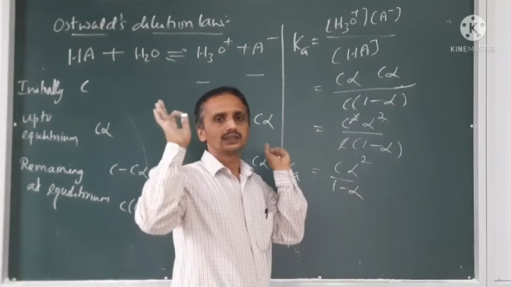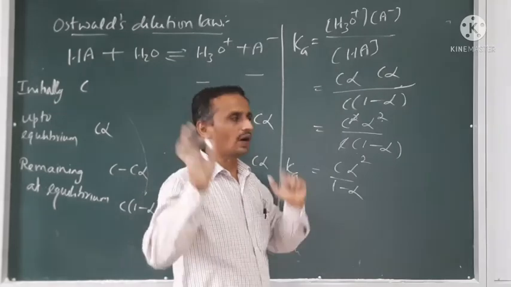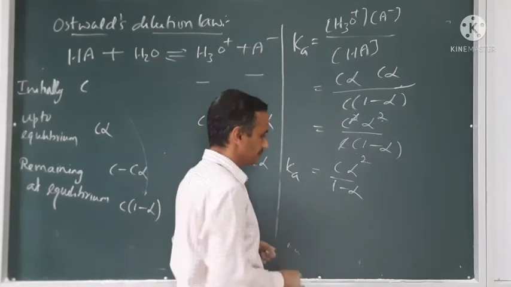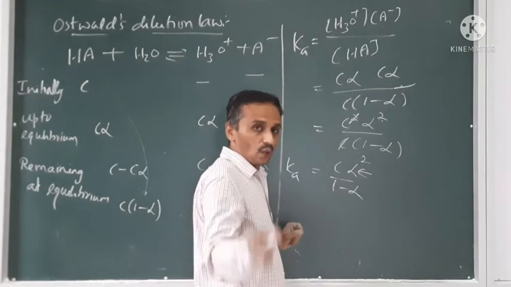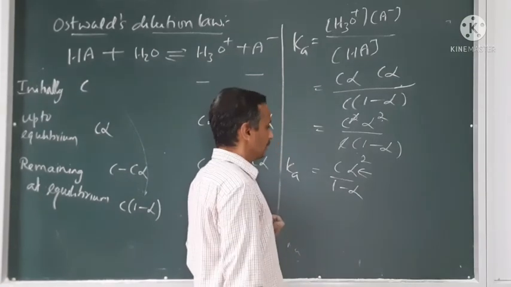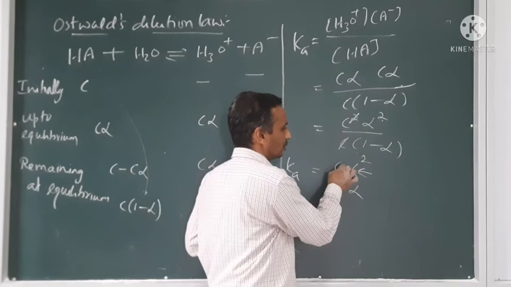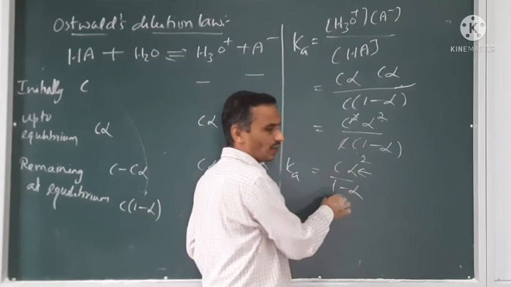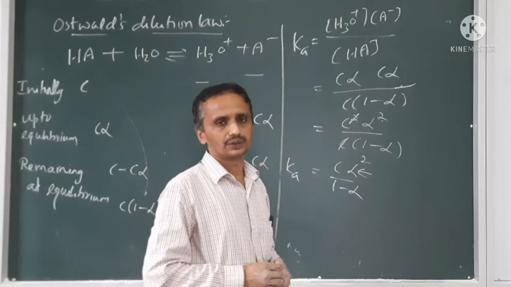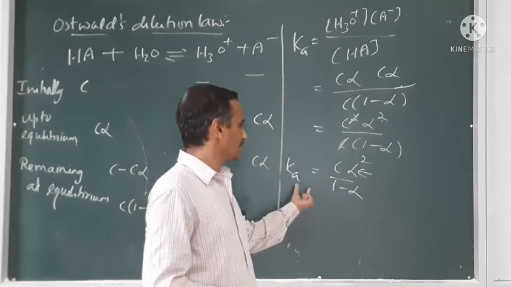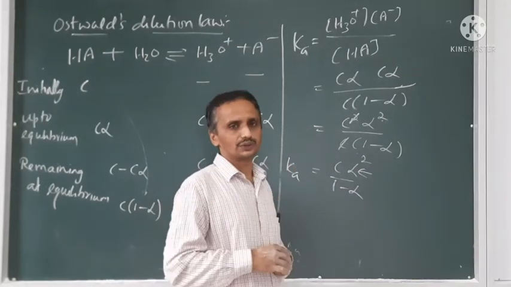That is the Ostwald dilution law. Again, repeat: the degree of dissociation alpha varies with the dilution in such a way that the ratio C alpha squared to 1 minus alpha remains constant. In other words, Ka remains constant.